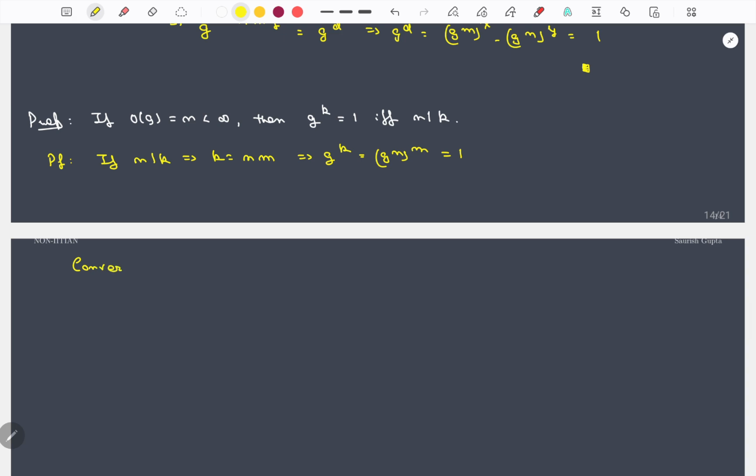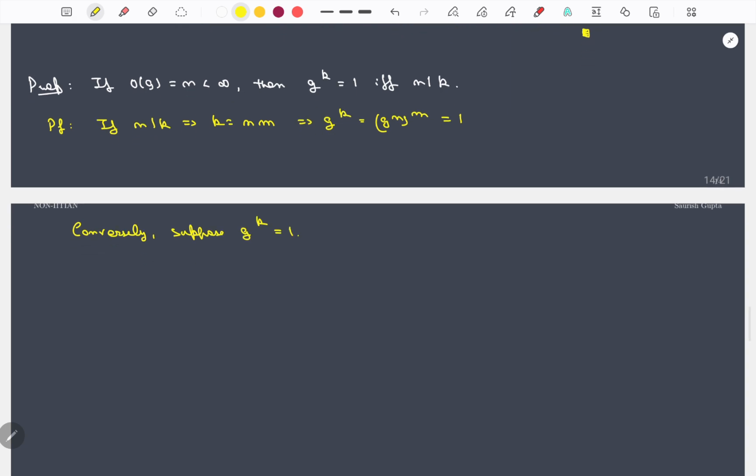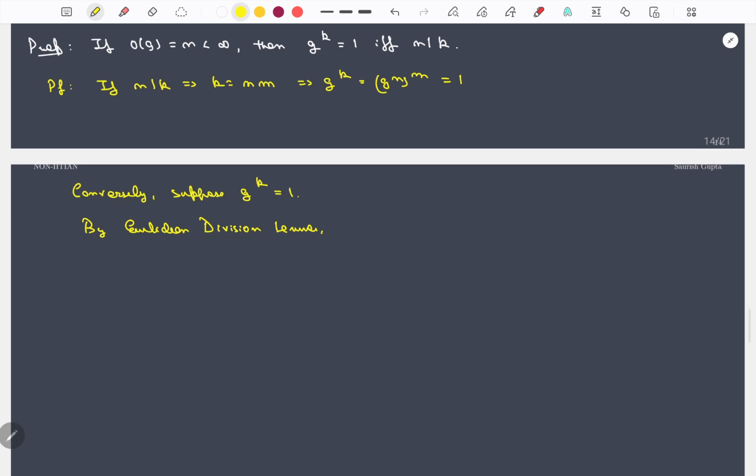Conversely, suppose g to the power k is equal to 1. Now, by the Euclidean division lemma, we know that I can write k as n times q plus r, so we are dealing with positive integers in every sense at this point, with r greater than or equal to 0 and less than n.